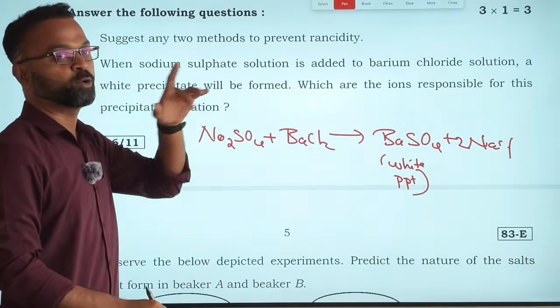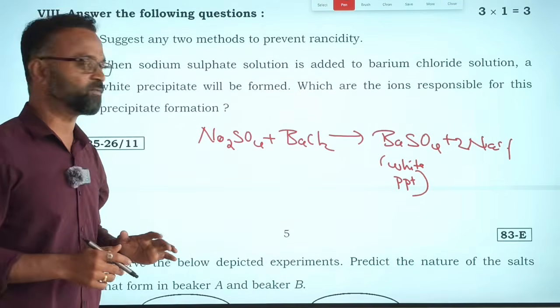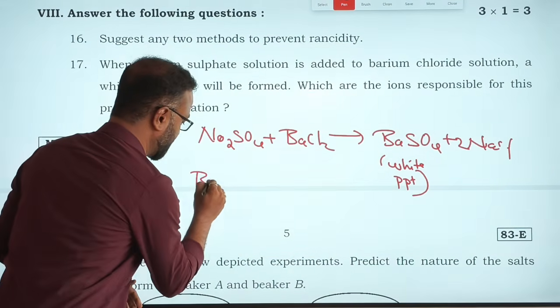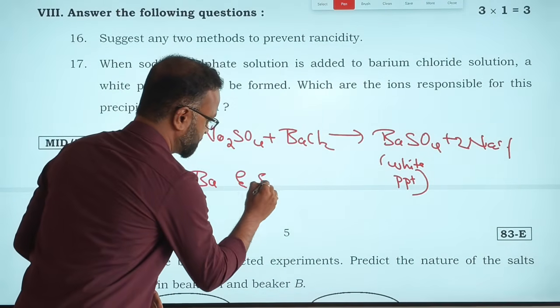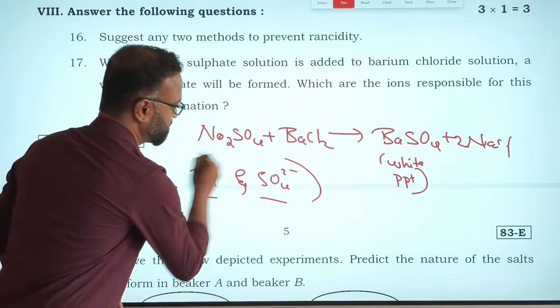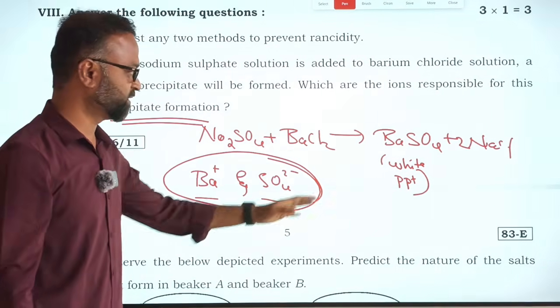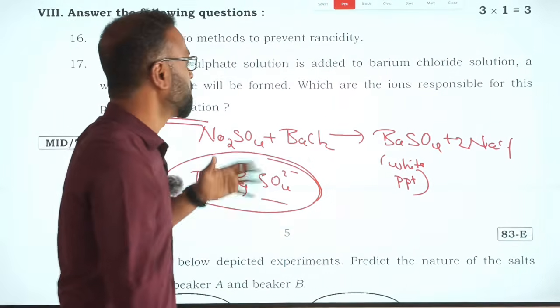The ions responsible for the formation of the white precipitate of barium sulfate are barium and sulfate ions. Hope this is clear. Very simple question.